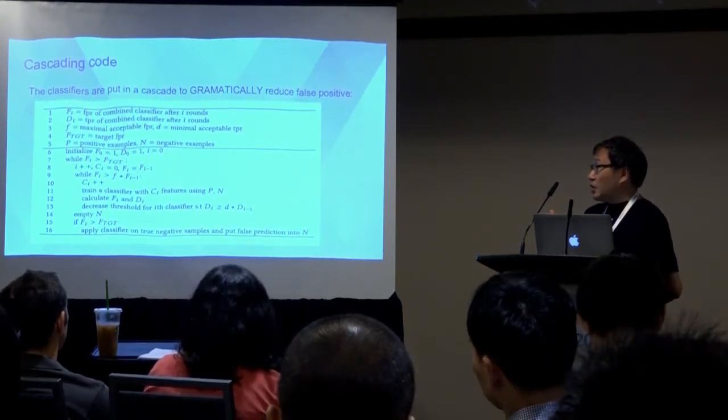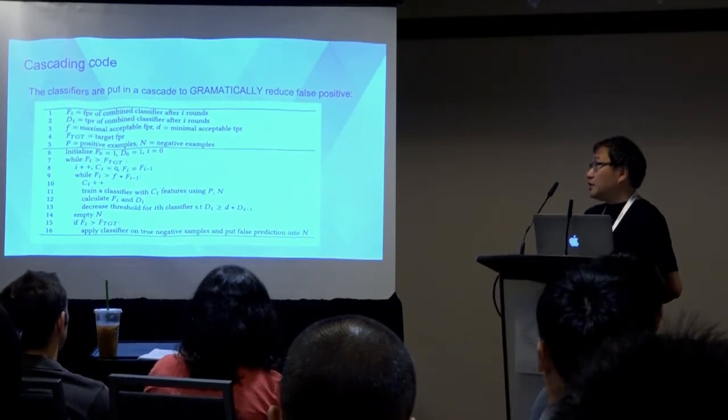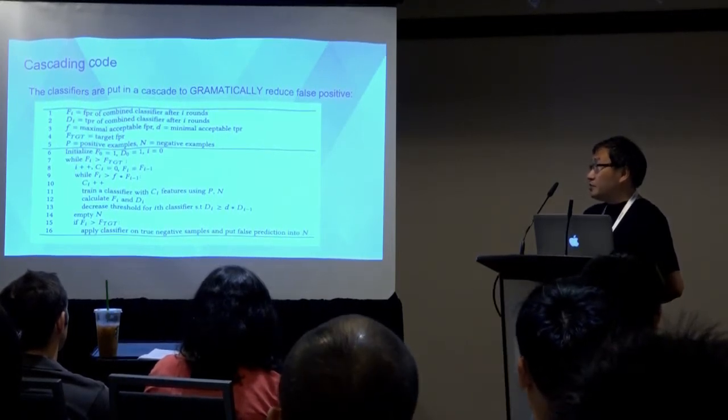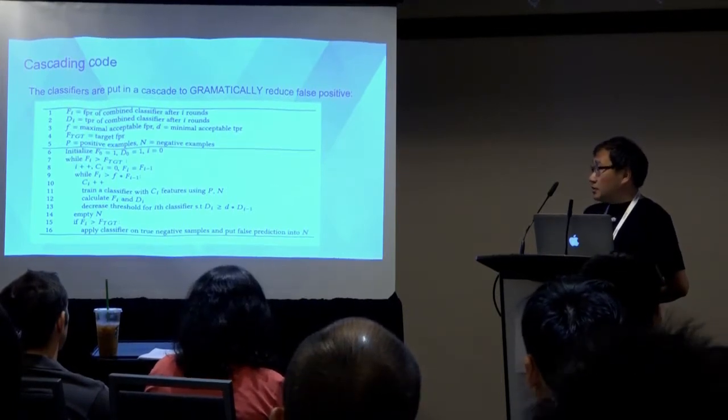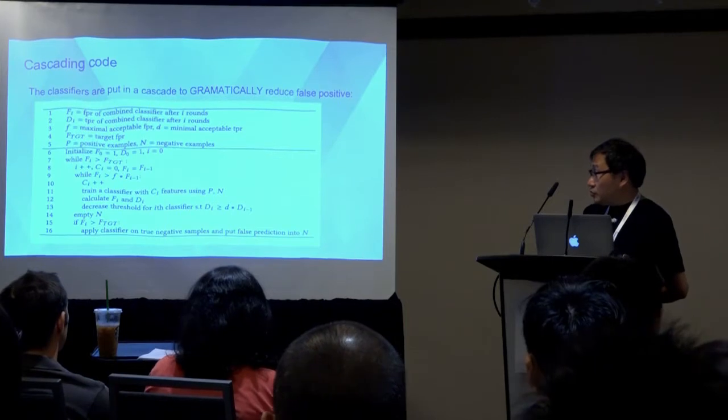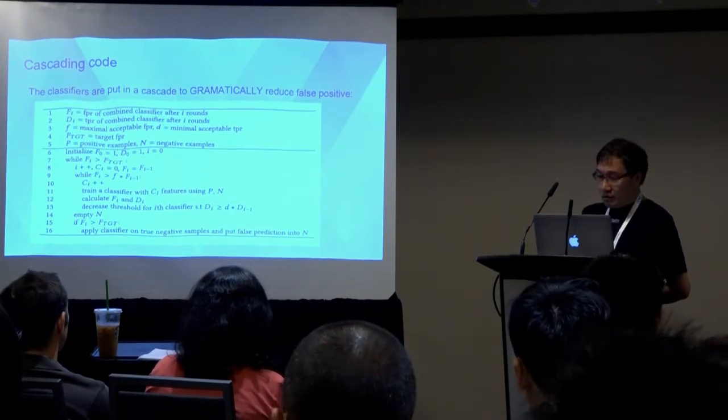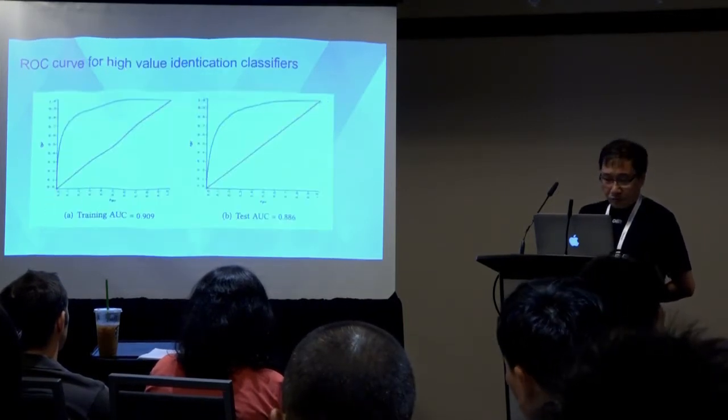Each round when we pick a classifier, we want to make sure the false positive rate keeps being reduced, and we tolerate the true positive rate also becoming slightly worse.